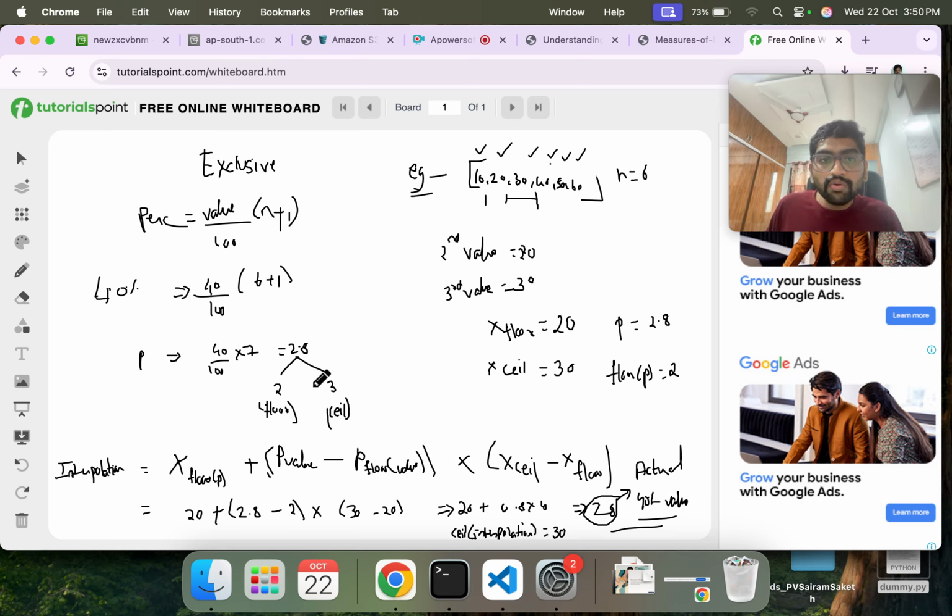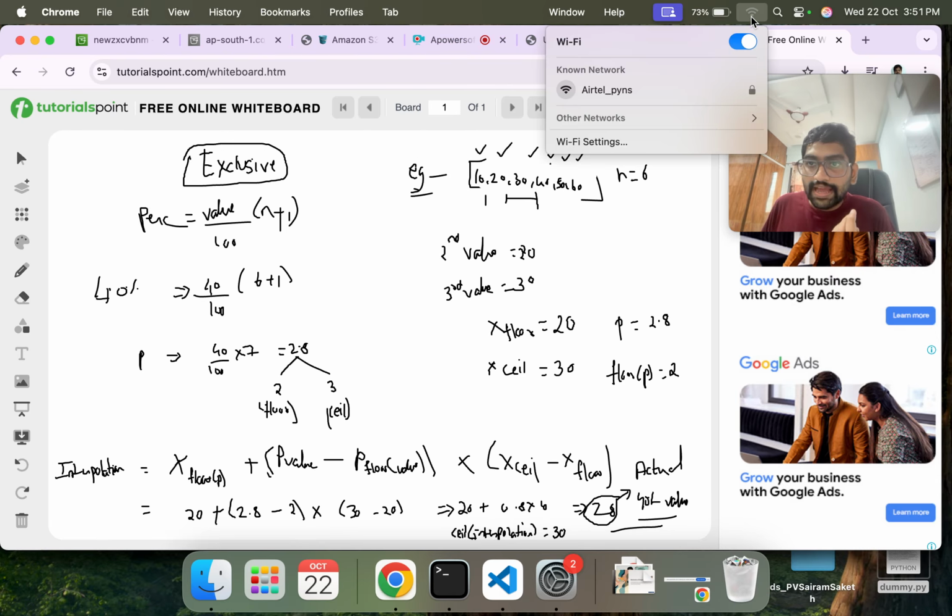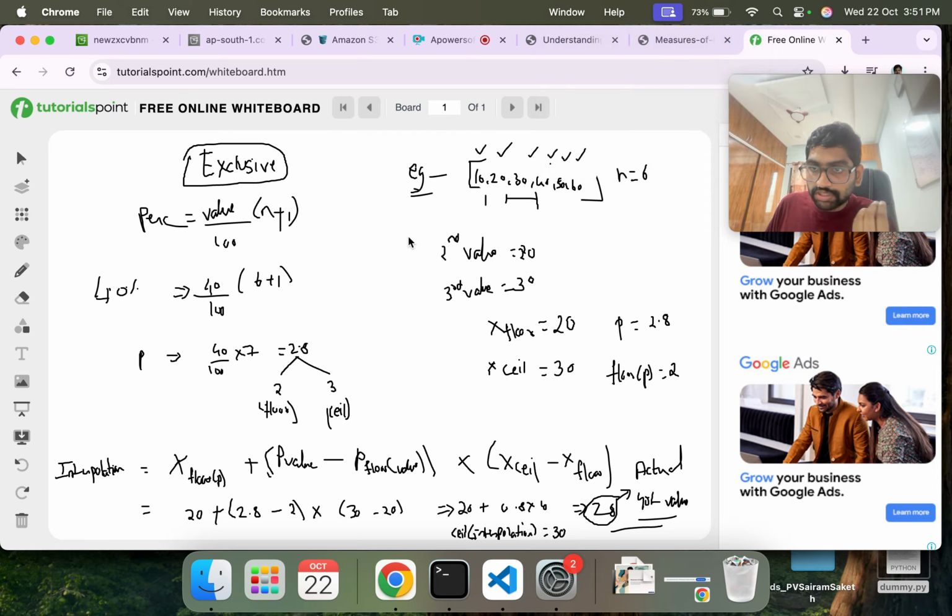So this is how your exclusive approach works. This approach is very good for people who want to teach students or make students understand how the calculations work. For theoretical concepts, this is a very good approach, but Python does not work on this particular approach.